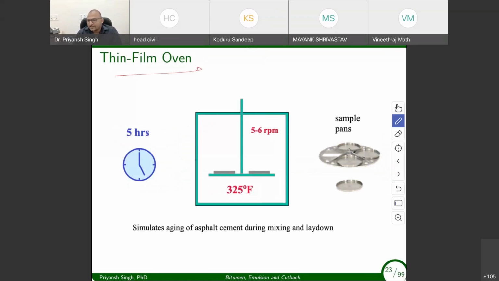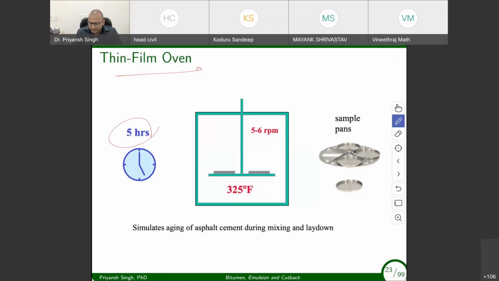So this is essentially an oven where you will put your asphalt binder in some pans, and you will put them inside the oven, and you will run the test at 160 degrees Celsius for 5 hours of time. Now in this duration, the asphalt binder will age, and that simulates the short-term aging.